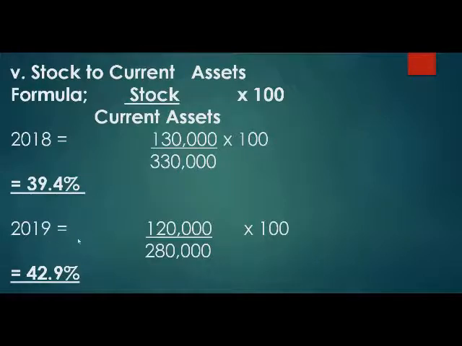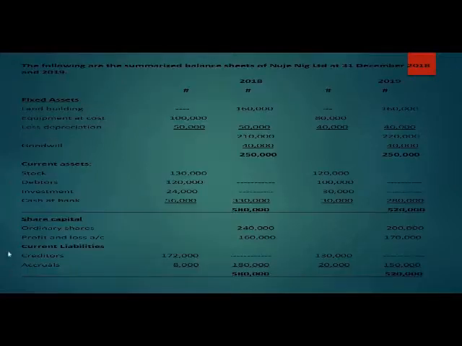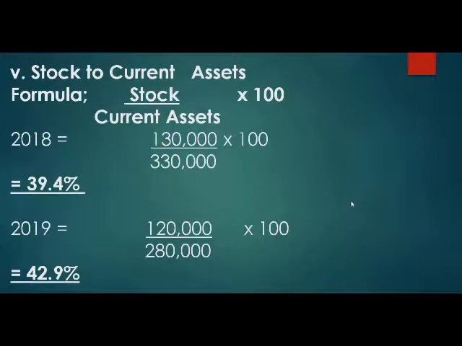The same will be applicable to 2019. Let's substitute for 2019. In 2019, the stock is 120,000. You can see it here under 2019. Then the total of current asset is 280,000. So for us to substitute using the formula, our stock will be 120,000 all over 280,000 times 100, which will give us 42.9%.